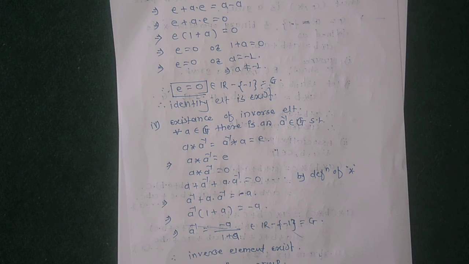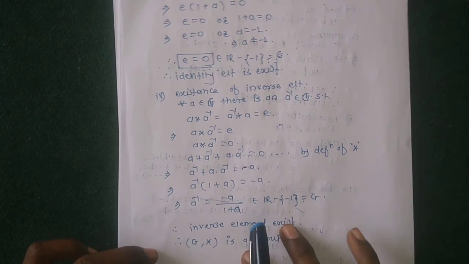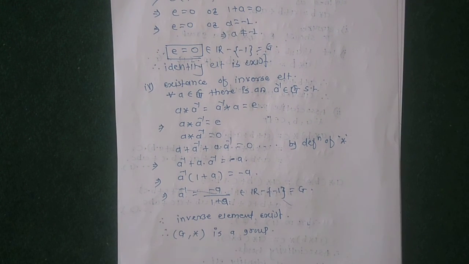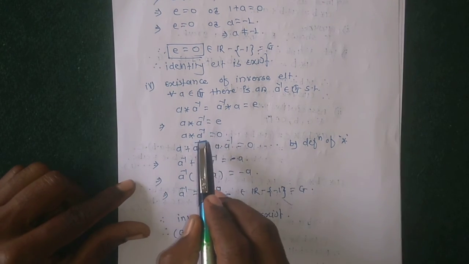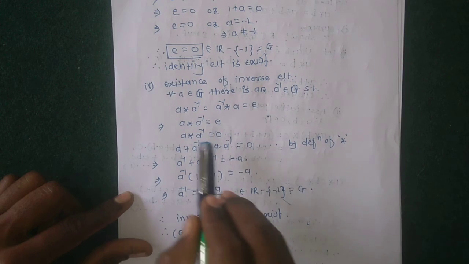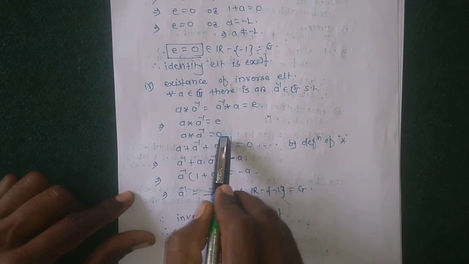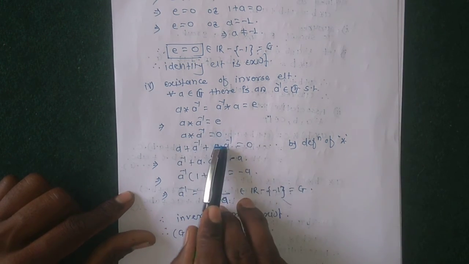The fourth property is the existence of an inverse element. Existence of an inverse element means for every element of G there exists an inverse element in that set. Here we apply the binary operation on a and a inverse. a star a inverse equals E, the identity element 0.